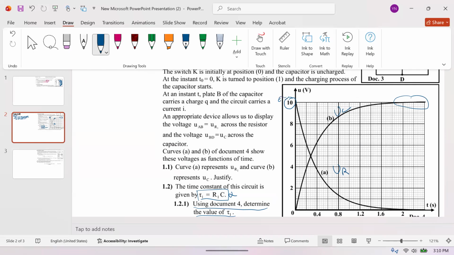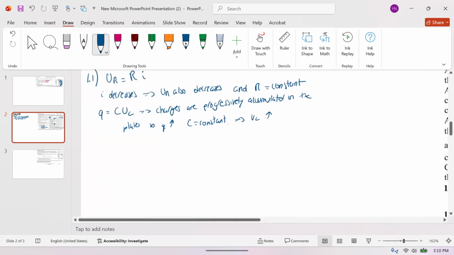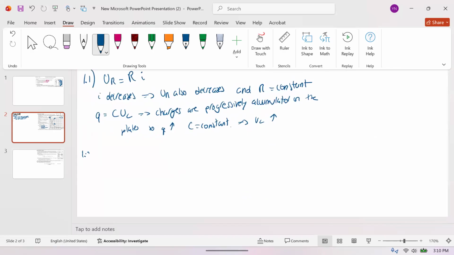So this is E. Since I cannot use the theoretical formula, I have to use UC equal to 63% of 10 volts when at t equals tau, when the time is tau, not at any time. So UC is equal to 0.63 times 10, which is 6.3 volts.